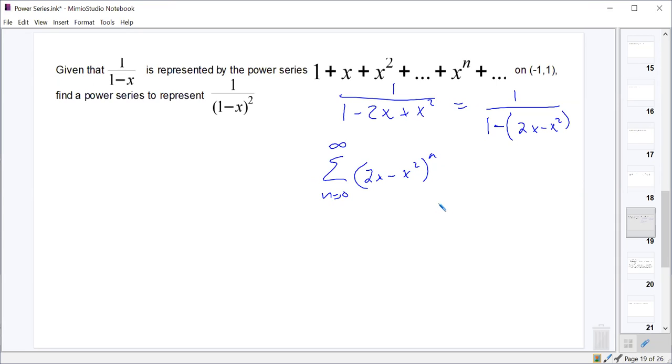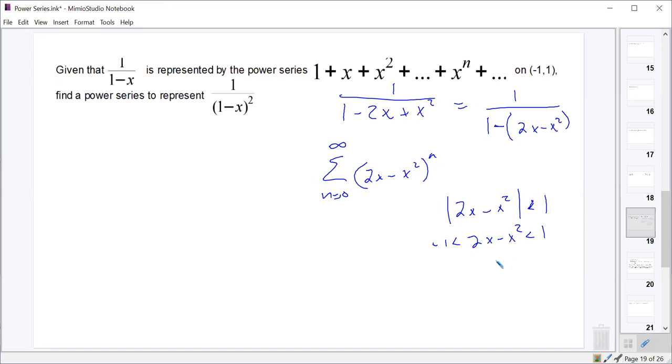We'd have to have the absolute value of 2x minus x squared less than 1, which would tell us that 2x minus x squared would be between 1 and -1. And then this becomes maybe not the easiest inequality to solve, right?